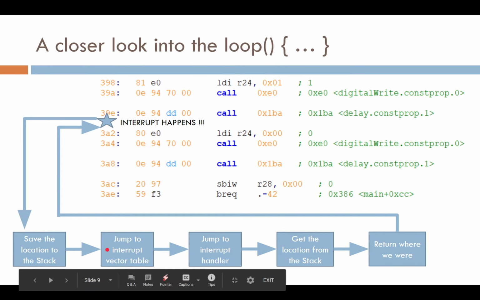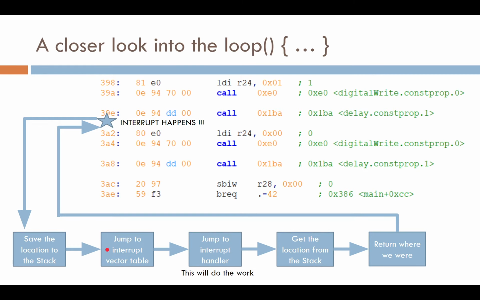The next point is to jump to the interrupt vector table. The interrupt vector table is a dedicated area of the memory where all the interrupt addresses must be. Or actually, the vector table usually has the commands to jump to the interrupt service routine.